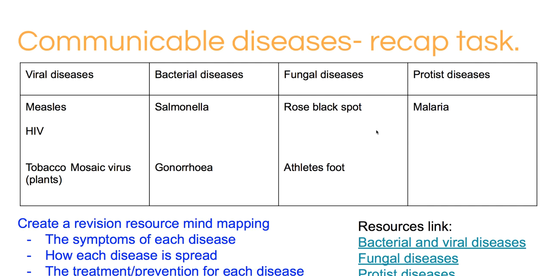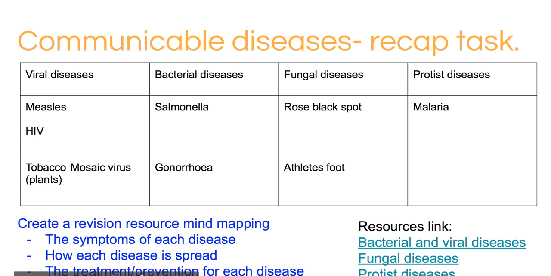So what I'm asking for here, and you've got some time to do it, is a revision resource, a mind map, and you want to make your mind map with both words and pictures. That doubling up helps you to remember it better. You're looking for the symptoms, how they're spread, how they're treated or prevented.